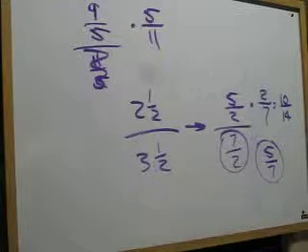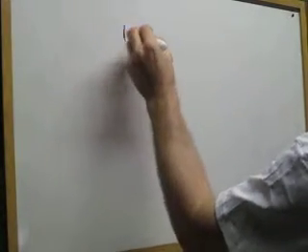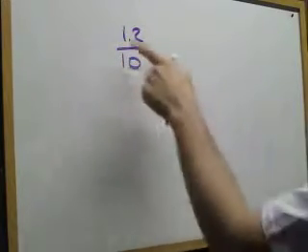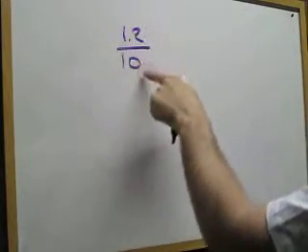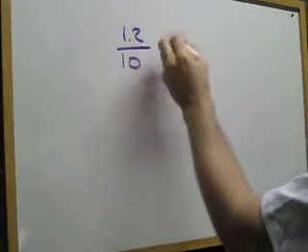But let's look at number 23 real quick. 1.2 to 10. Now you're trying to make this a whole number, and we have a 1.2. In order to make it a whole number, we have to move this decimal over 1.